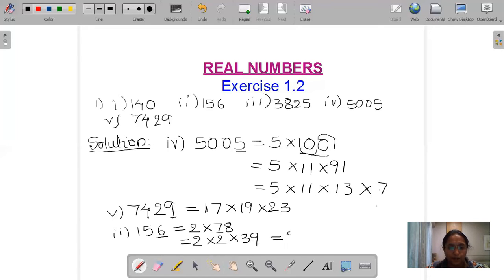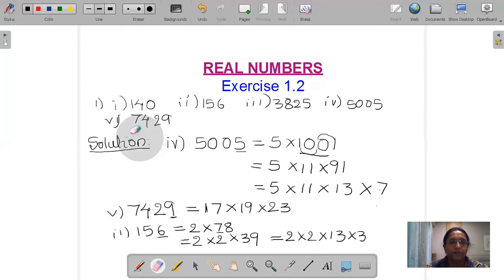It is 2 into 2. 39 can be written as 13 into 3. So these are the prime factors of 156. Similarly, you can solve this one, 140.